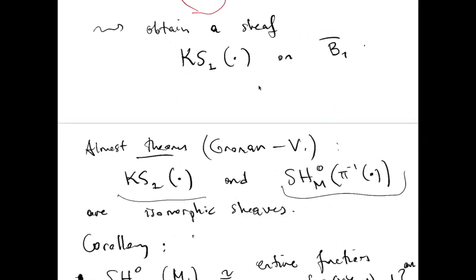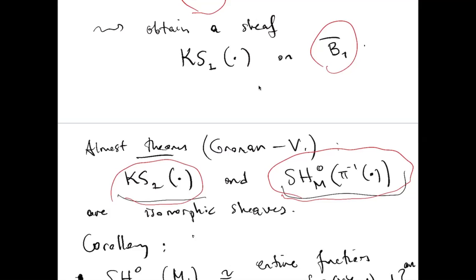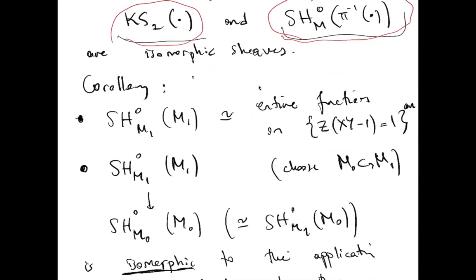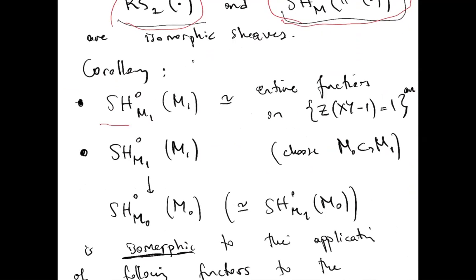So now if I look at SH0 of pre-images of convex polygons in B1 bar, I see that that's also given by the Kontsevich-Soibelman sheaf, but now on that base. Okay, so this tells you, for example, that SH0 of M11 is entire functions on this analytic space.